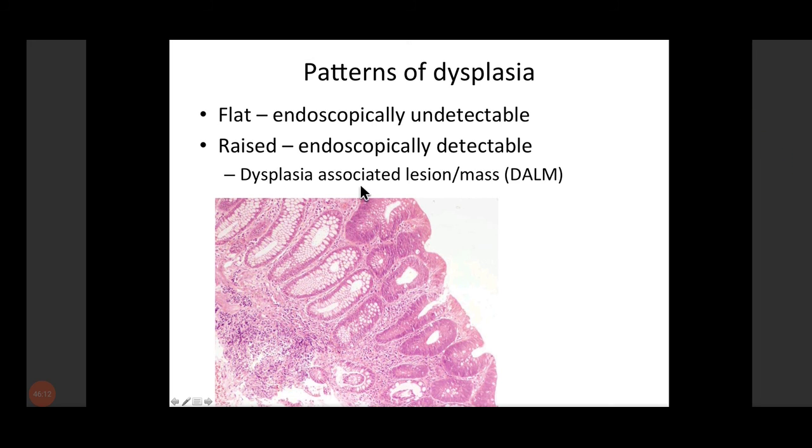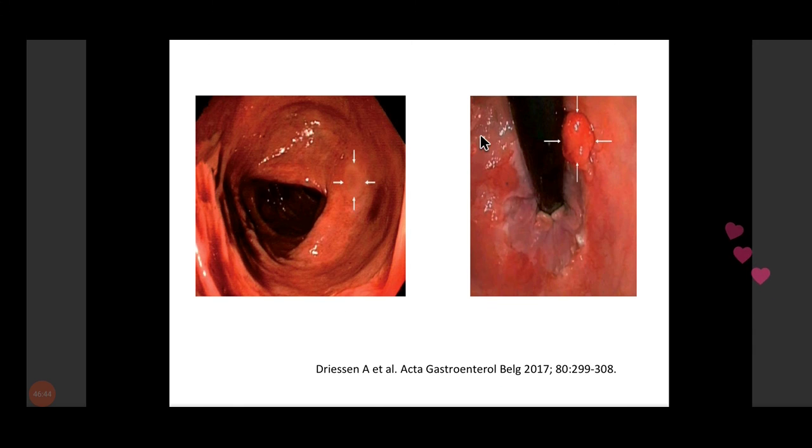And this is also known as dysplasia-associated lesion or mass in IBD, because it could be just a mass forming lesion. So if it is a mass forming lesion, then it's a dysplasia associated mass. If it does not form a mass, but is just picked up on random sampling during the follow-up endoscopies or by using expert techniques like narrowband imaging, and you see this dysplastic mucosa, then that is why these are also called dysplasia associated lesion or mass.